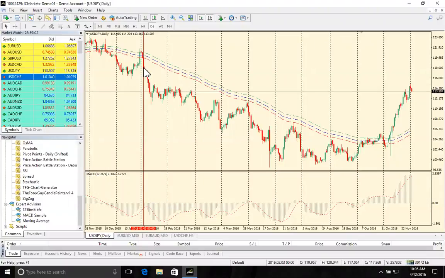So for example, AUD USD, the Australian interest rate is 1.5, USD is 0.5. So the net difference is 1%. If you go long on AUD USD for 1 year, you will earn 1% interest on your position. If you are short, then you will pay 1% interest on your position over the year. That is actually calculated daily.